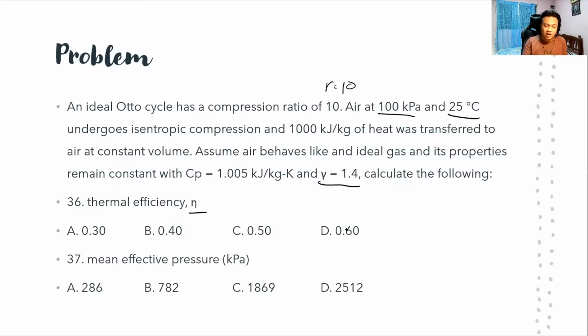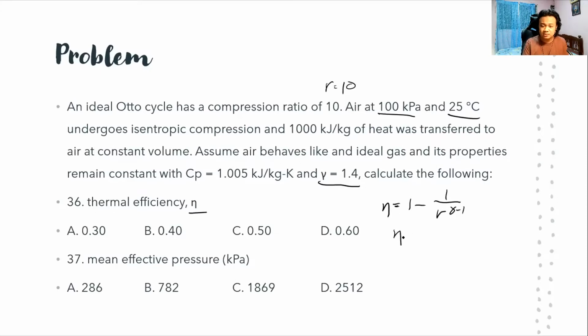Okay, so right off the bat we can immediately solve for the thermal efficiency. So there is a shortcut to that. It's equal to 1 minus 1 over R to the power gamma minus 1.